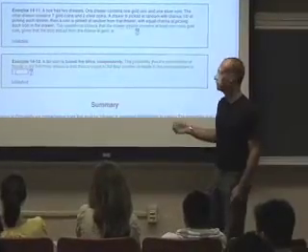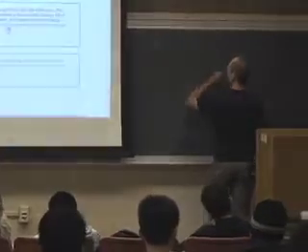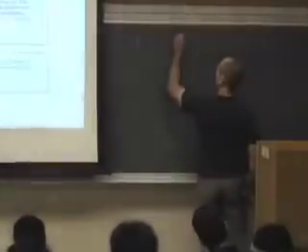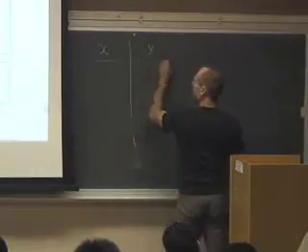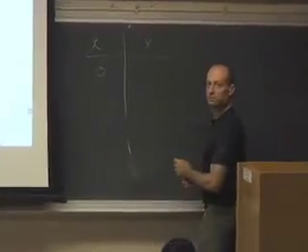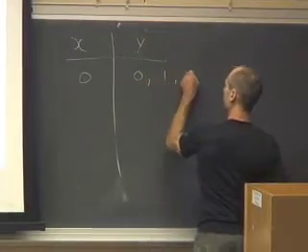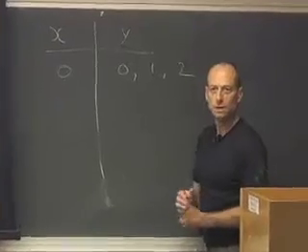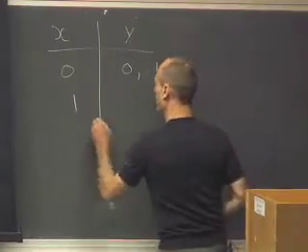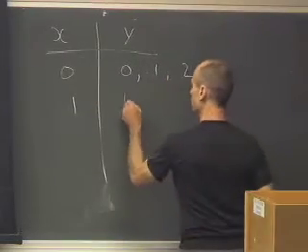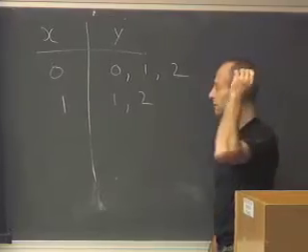Yes? Okay, so let's just make a little table, x, and then what are the possible values of y that correspond to x being less than or equal to y. So if x is 0, y can be 0, 1, or 2, and x is in fact less than or equal to y. Yes? If x is 1, y can just be 1 or 2 in order to have x less than or equal to y.